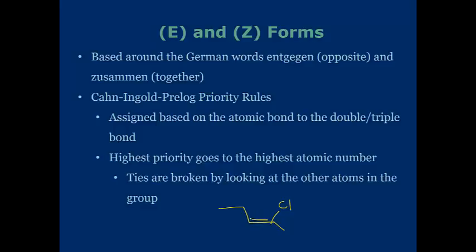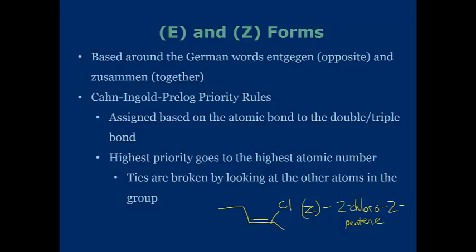Well, it's together with this side. So the way it's bent in, if I look at this group and this group, they're facing the same side. So this would be Z, 2-chloro-2-pentene.